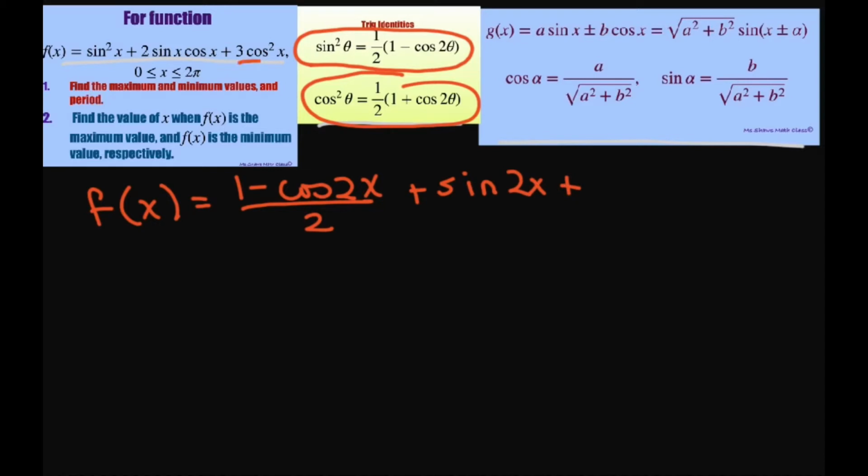And then for this piece, we do the same thing we did before. It's going to be 3 times, and then this one. So that's going to be 1 plus cosine of 2x divided by 2. All right, simplifying all this, we're going to have 1/2 here, and we're going to have 3/2 here.